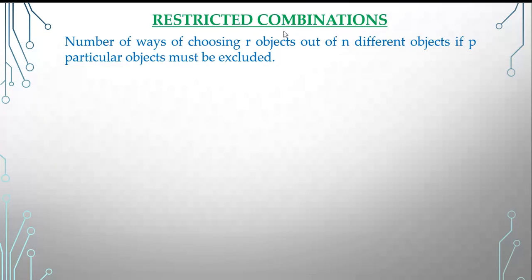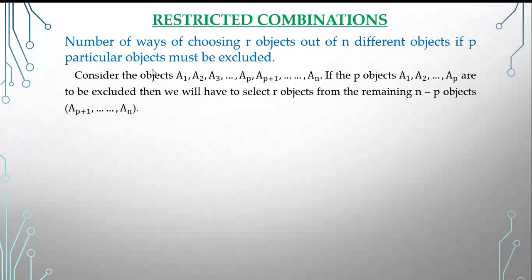Suppose the objects are a1, a2 up to ap, up to an. In total we have n objects, and if the p objects, a1 to ap, are to be excluded, then we have to select our objects from the remaining.